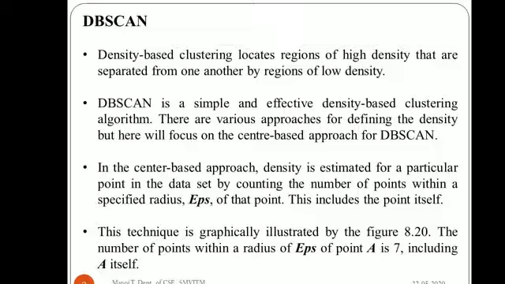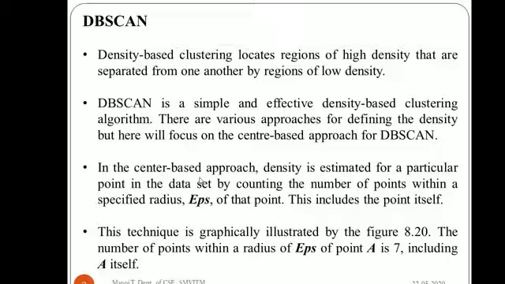There are various approaches for defining the density, but here we will focus on the center based approach. In the center based approach, the density is estimated for a particular point in the data set by counting the number of points within a specified radius, that is the EPS of that point.